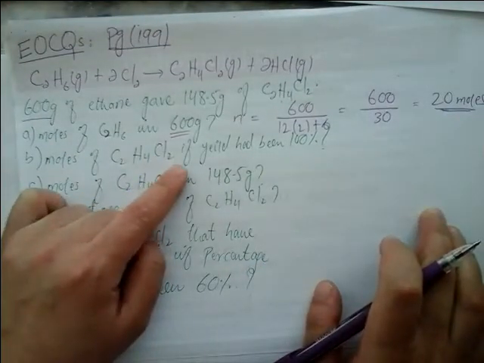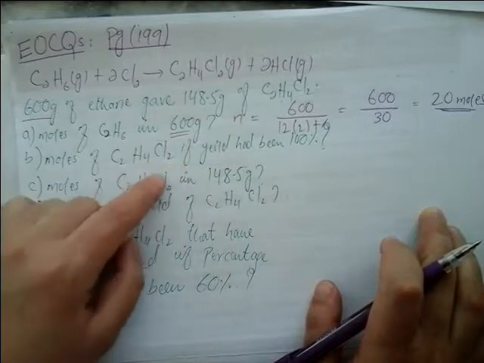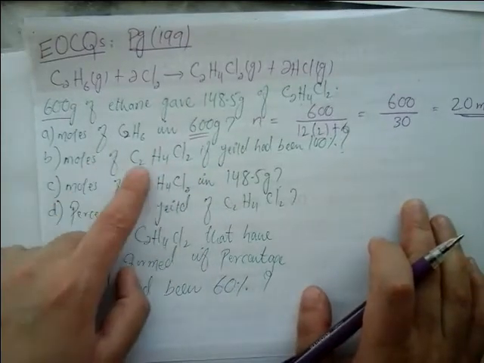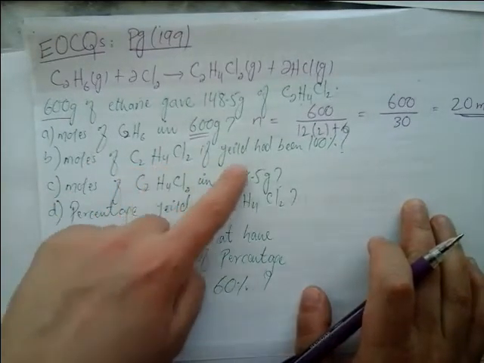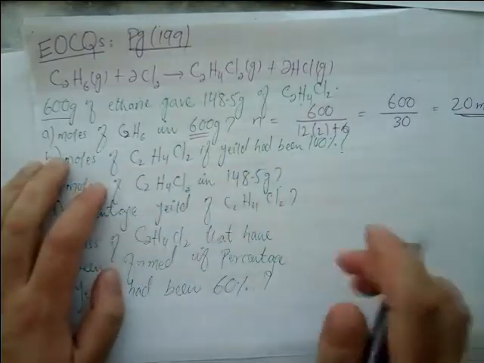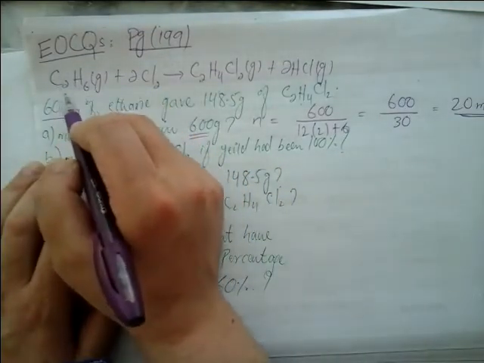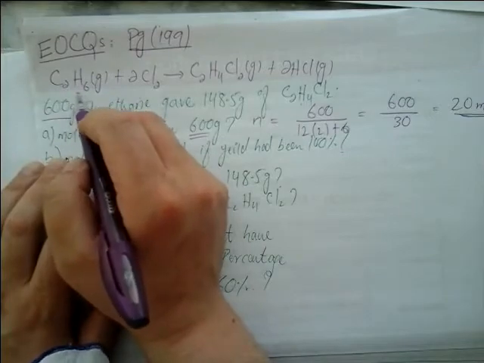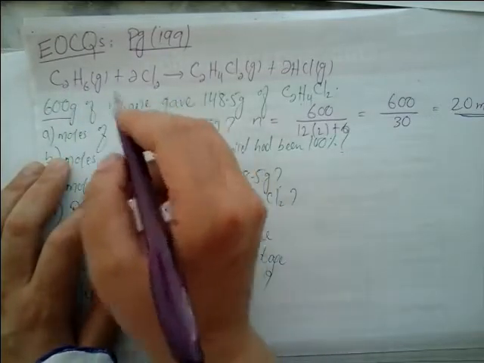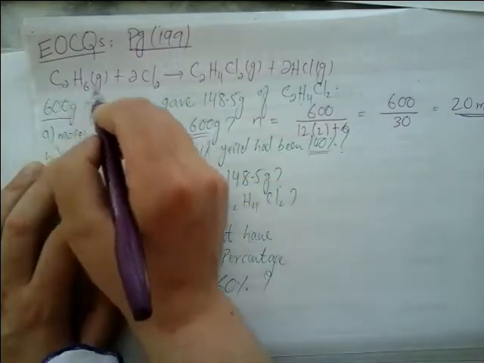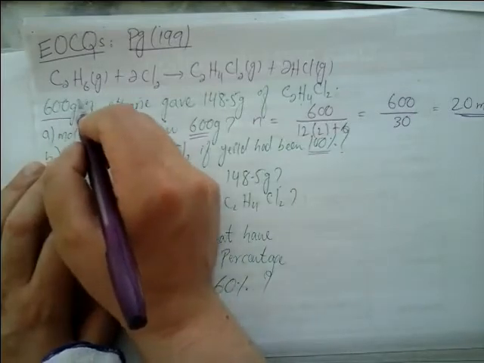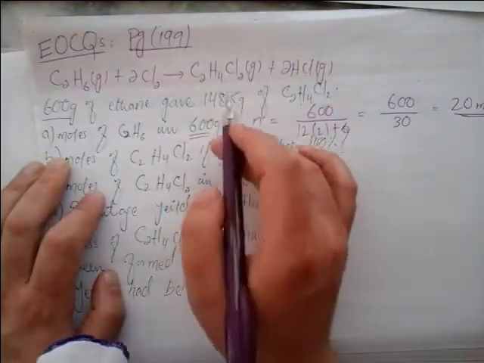Then moles of chloroethane if yield had been 100%. Definitely, if the whole ethane is consumed in the chemical reaction, 100% consumption, if all the 600 gram of ethane is used in the reaction, what will happen?